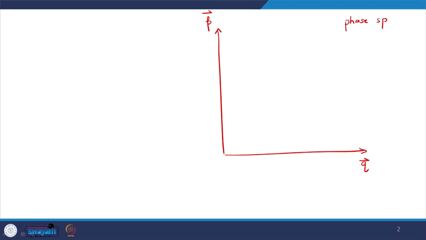So, I want to go back to the drawing that we had of the phase space, and we have said that I can represent the state of the particles on something known as the phase space, where P is the momentum of the particles and Q are the generalized coordinates of the particles.